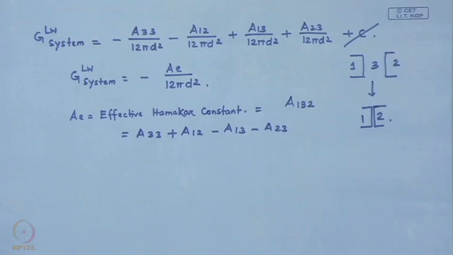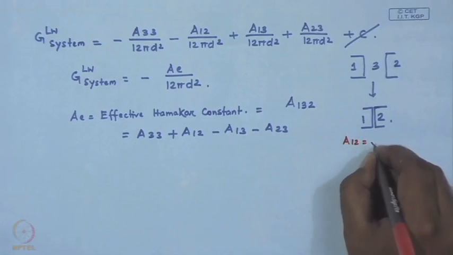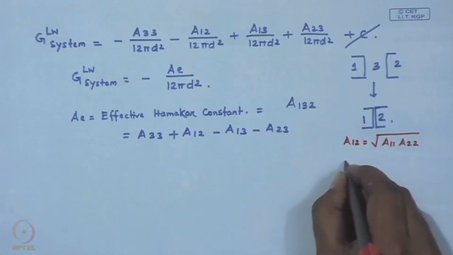So, we can write what we already know. A12, in one of our previous classes we have shown, is A11 into A22.